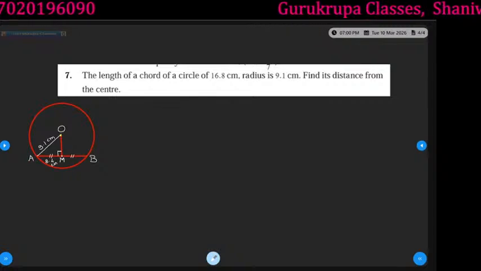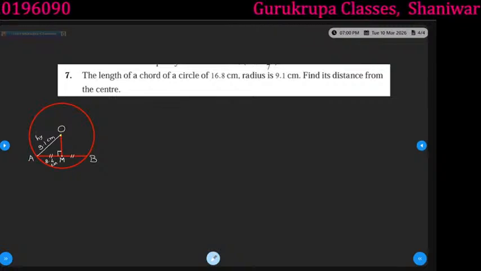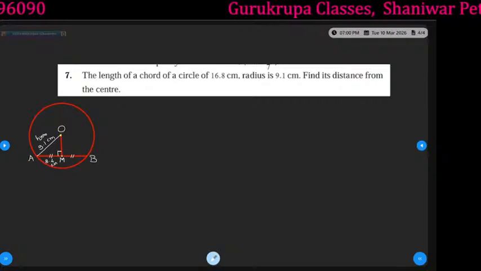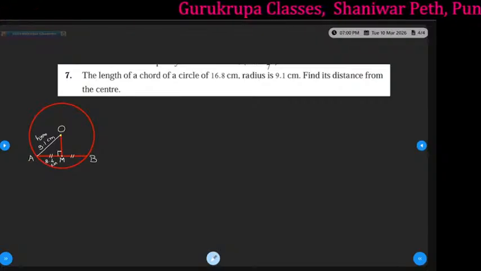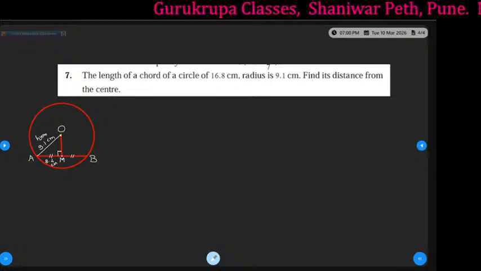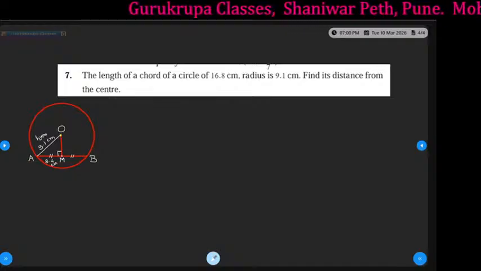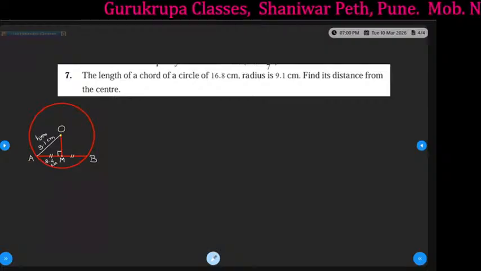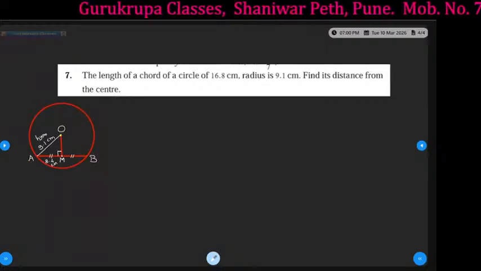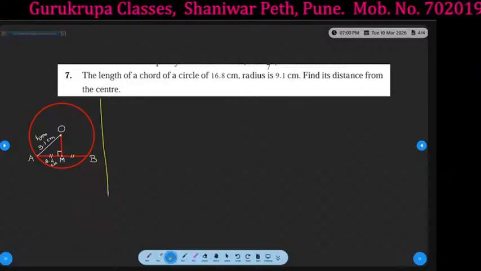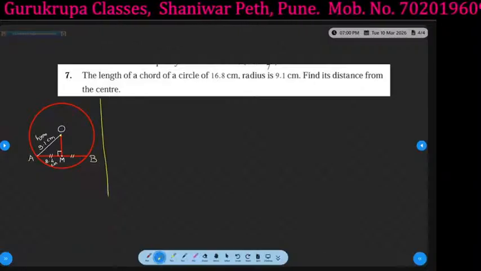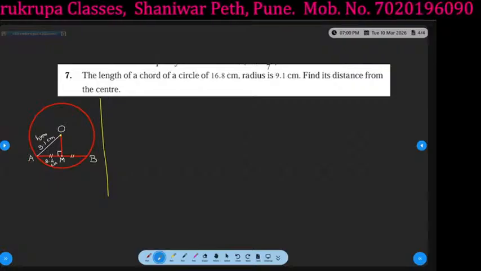By Pythagoras theorem, 9.1 is the hypotenuse. So by Pythagoras theorem, we can find the side OM, which is the distance of the chord from the center. This kind of logical thinking we can do, and do the sum now. Ready? So here we are solving the sum.